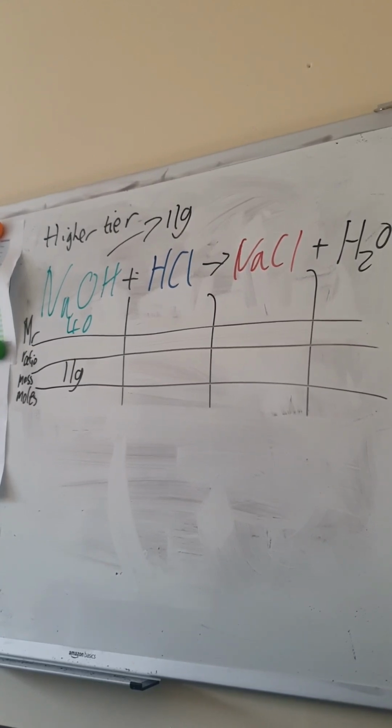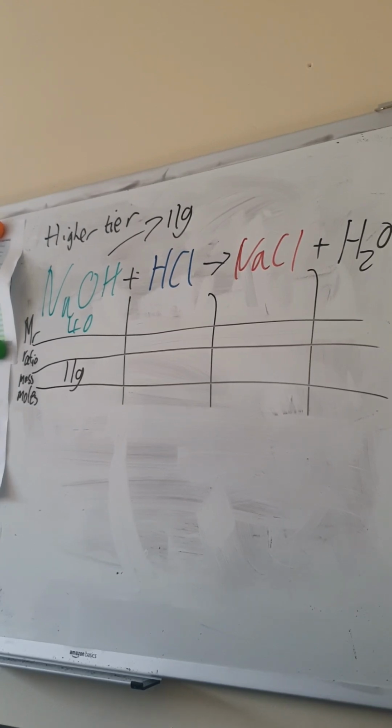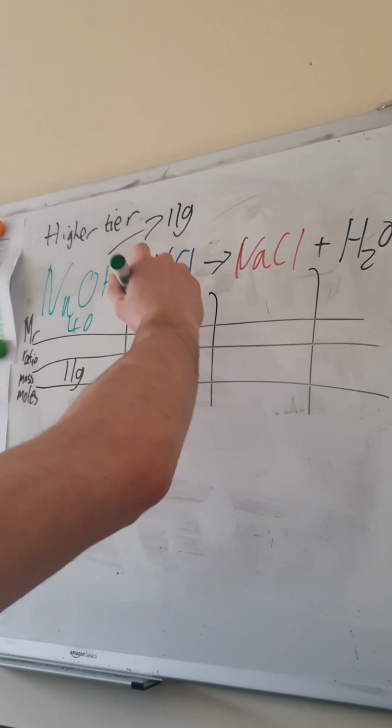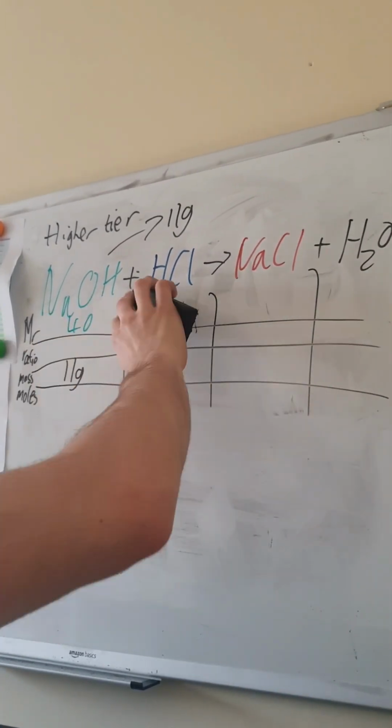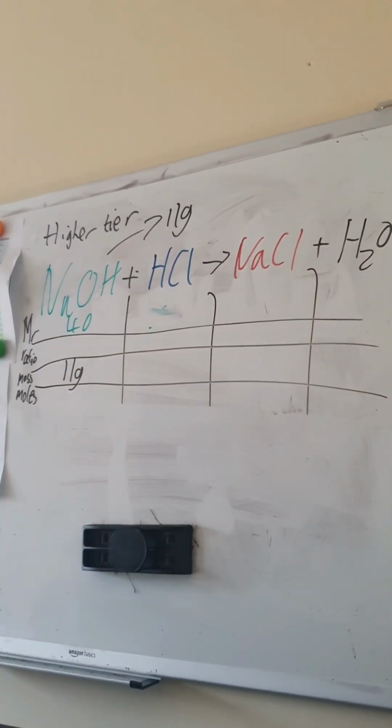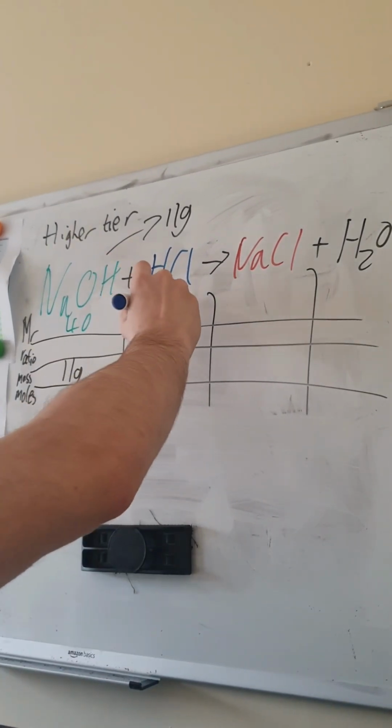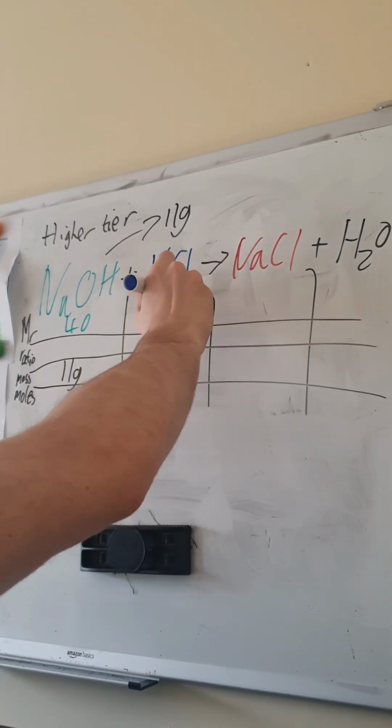HCl's MR is 36.5 because it's 35.5 plus 1, 35.5 for the chlorine and 1 for the hydrogen, 36.5.